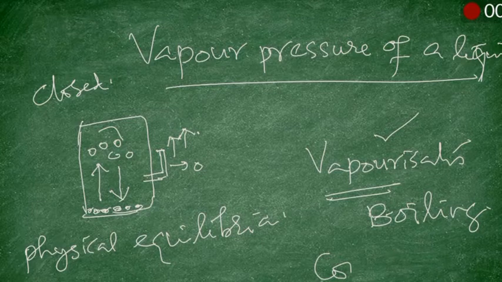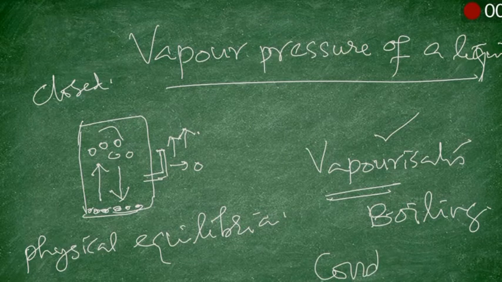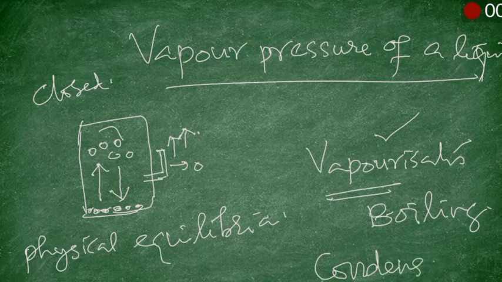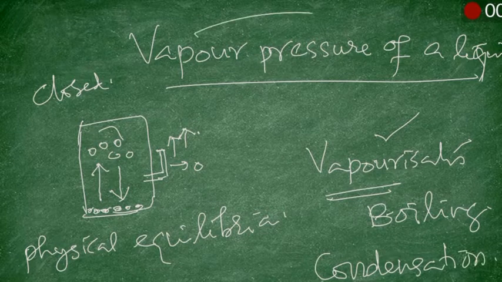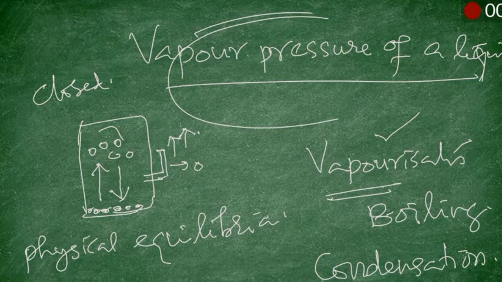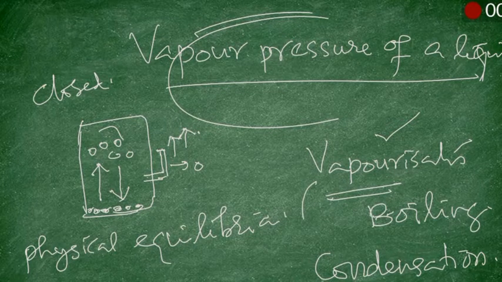What happens is, vaporization starts slightly, and after a particular instant the condensation also starts, and these processes increase with the passage of time, and they want to equilibrate with the room temperature or the condition which exists at that point of time.